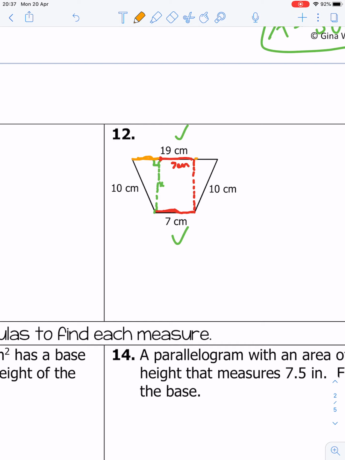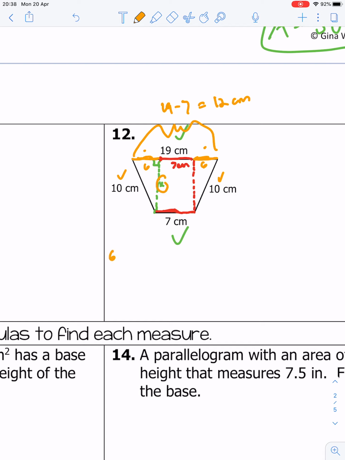But we can know this and this are the same because 10 and 10 are the same. That splits it evenly. It means it's an isosceles trapezoid. So if the whole thing is 19, we have 19 minus 7. That gives us 12 centimeters. We have 12 centimeters between those two, which means each one must be 6. So now we have a right triangle to find x.